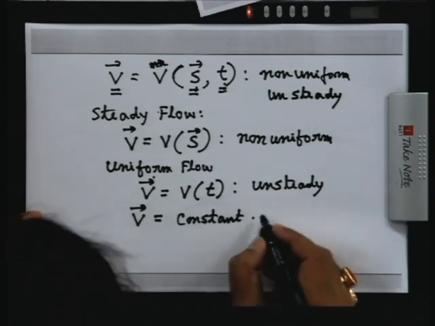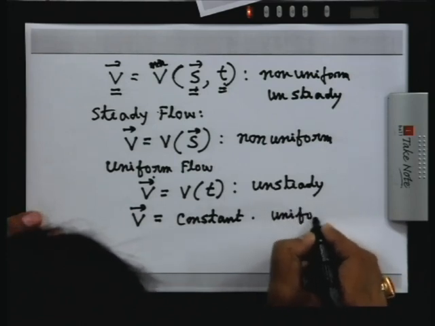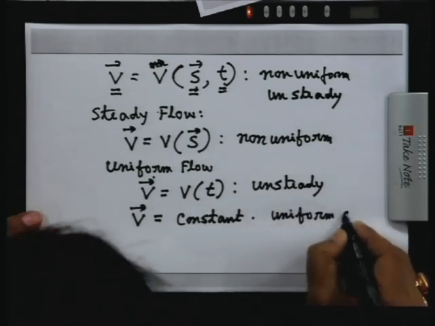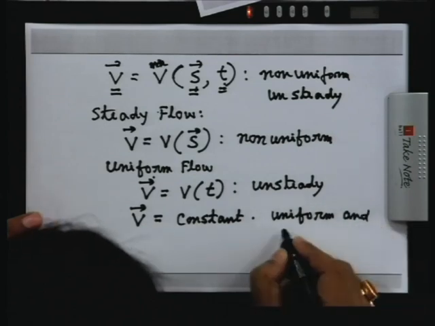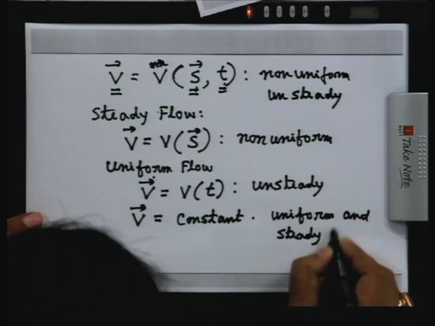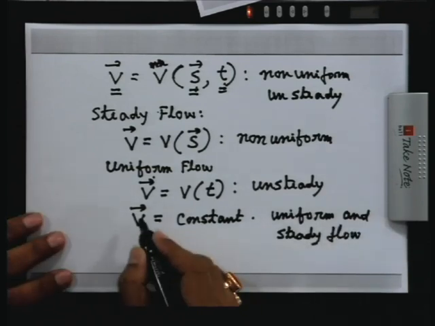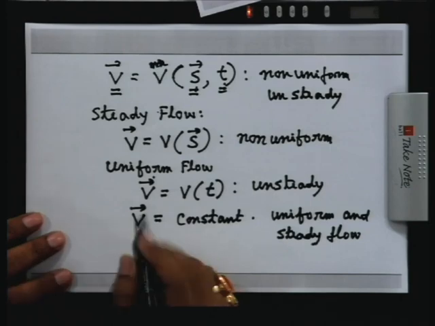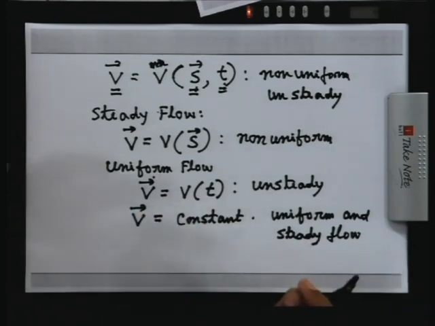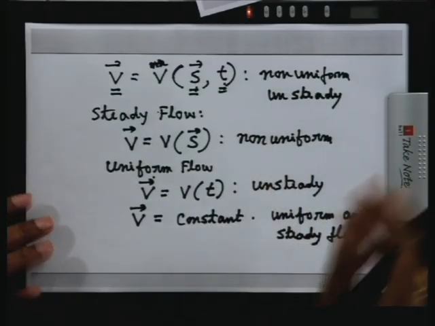In that case it is purely uniform and steady flow. The entire flow field, given by velocity and acceleration, is constant, given by one unique value which is the same at all spatial locations and independent of time at all time intervals.